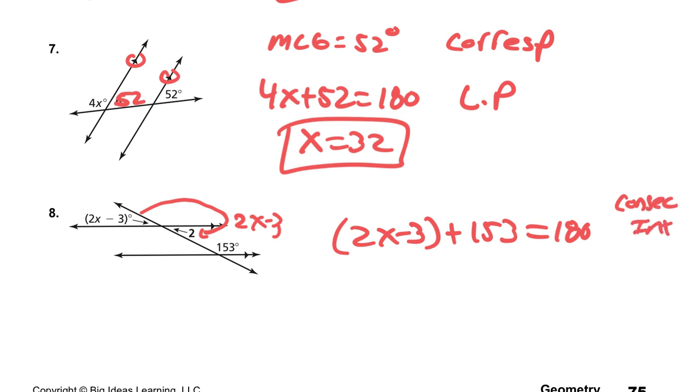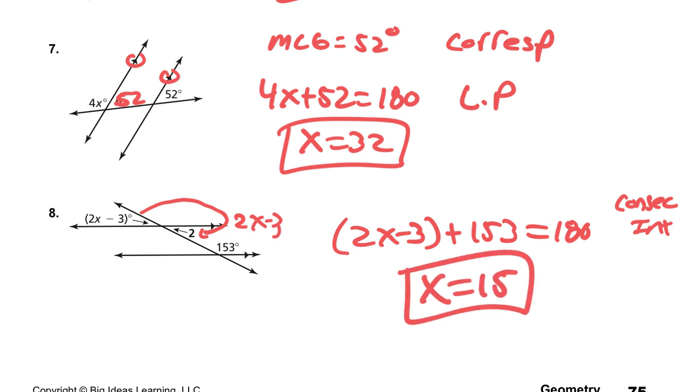And now when I solve this, I'm going to get x equals 15 degrees. Again, I jumped through, I didn't show all the algebra. It doesn't have to be a long set of notes. I want you to be able to see angle relationships and know, do we set them equal to each other or do we add them to equal 180? And then what theorem allows me to do that?